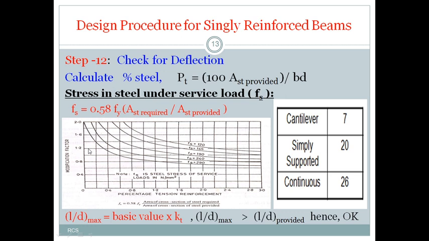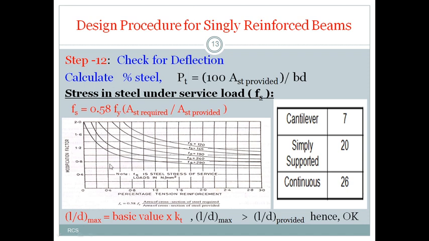Say for example, if you have obtained the percentage of tensile steel as 0.8% and your Fs obtained is 240 Newton per mm square. Now I will take percentage of steel on the x-axis, and project this line onto the 240 Newton per mm square curve of stress in steel under service load.